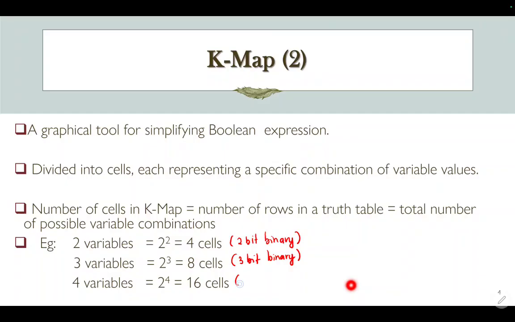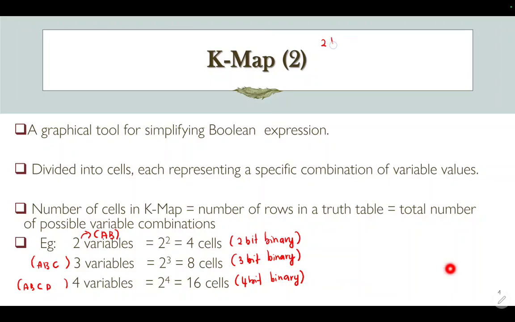And then 4 variable, 4-bit binary. So 4 variable, you can have A, B, C, D. 3 variable, A, B, C. 2 variable, A, B. For 2 variable, you can have 2 to the power of 2, so you can have 4 cells.